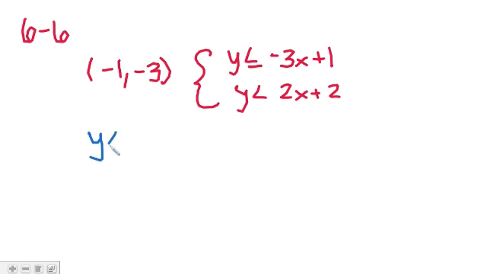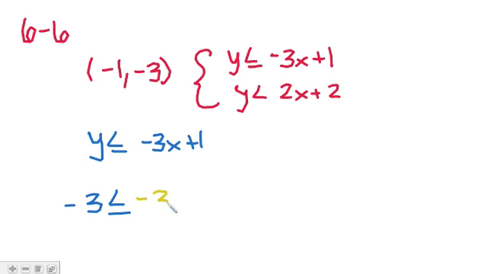So I have y is less than or equal to -3x plus 1, which means my y answer, which is -3, has to be less than or equal to whatever this side comes out to. So let's go ahead and solve for that.